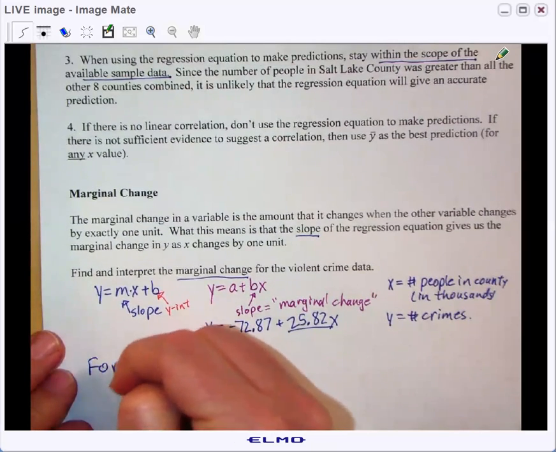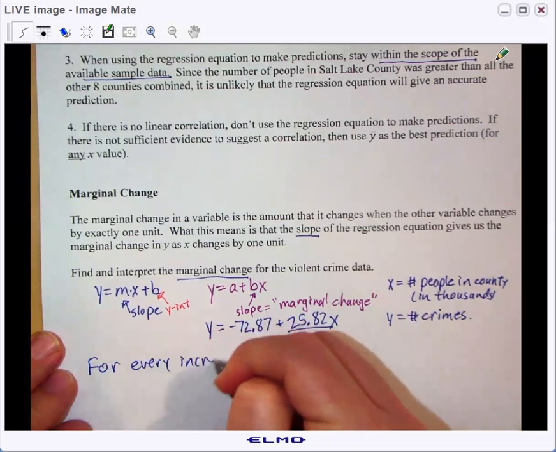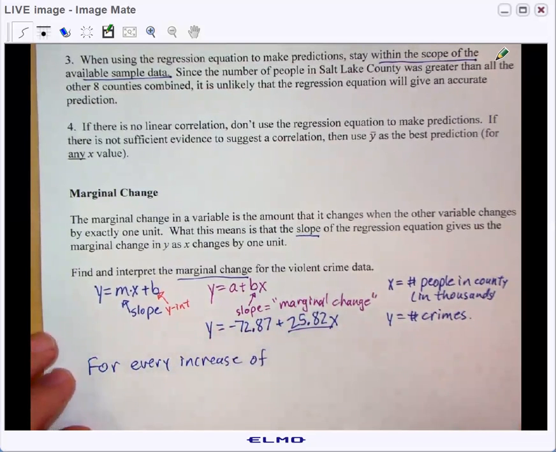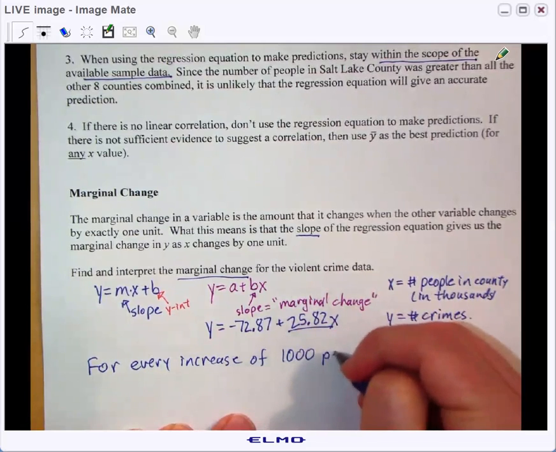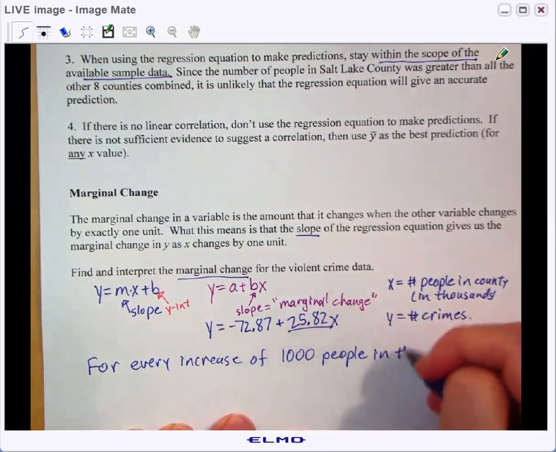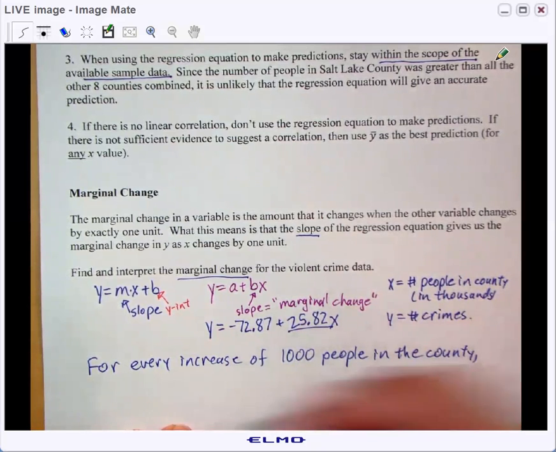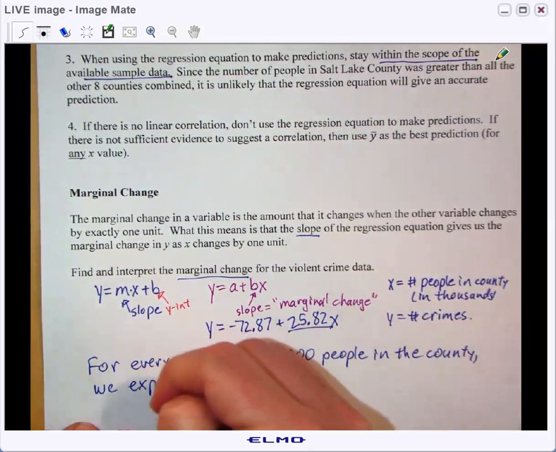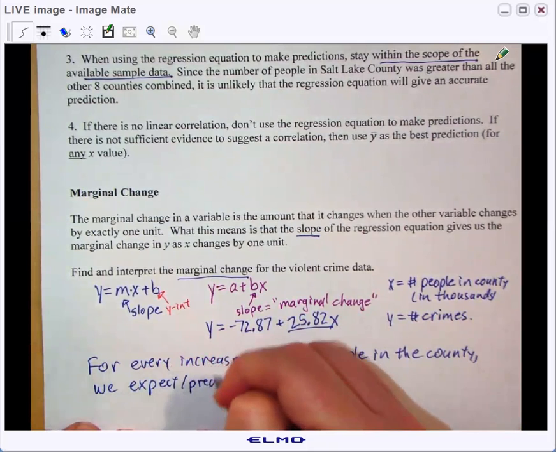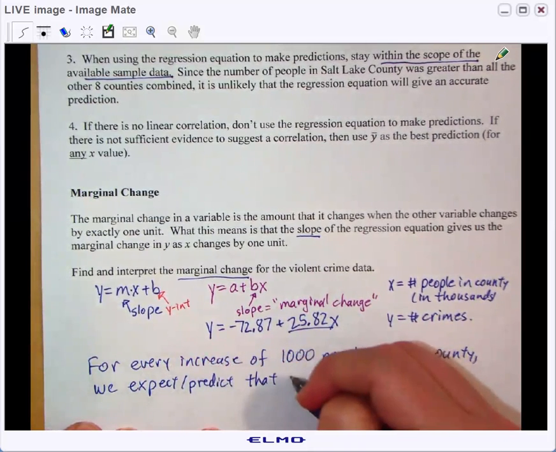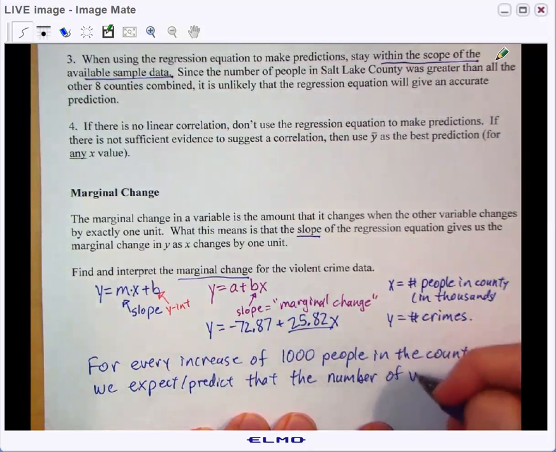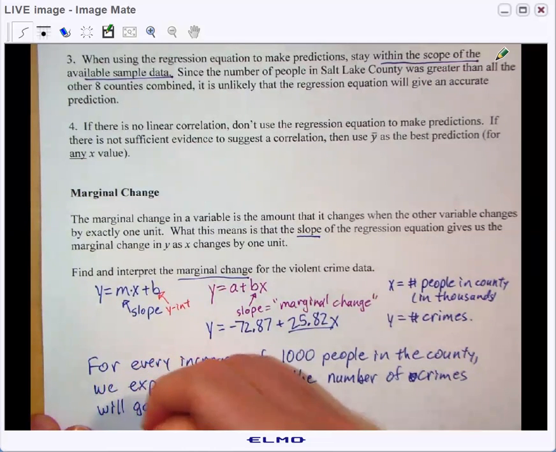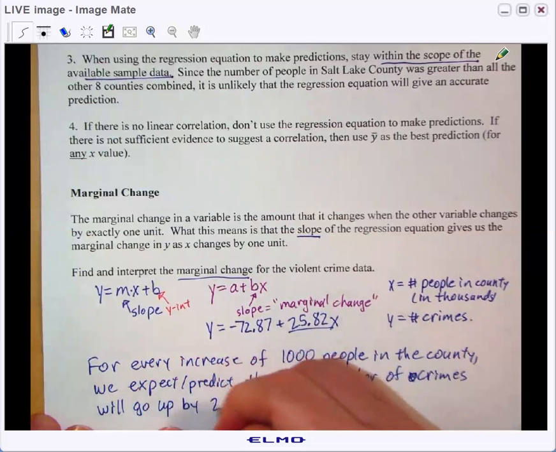So for every increase of 1 in the x variable, but remember that 1 in the x variable stood for 1,000 people in the county, we expect or predict that the number of crimes will go up by 25.82.